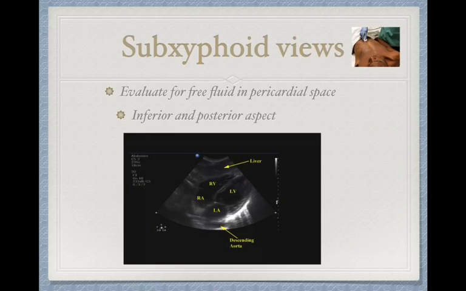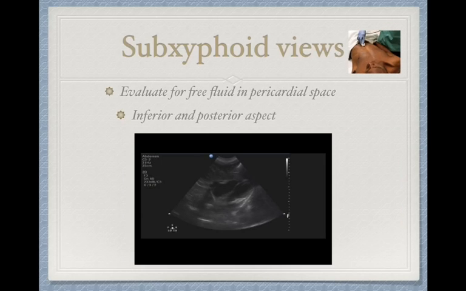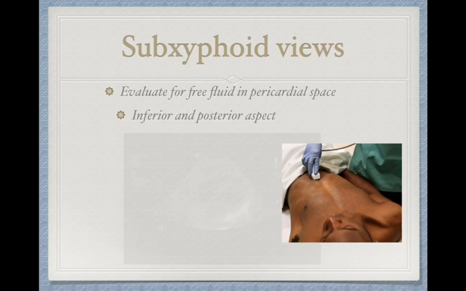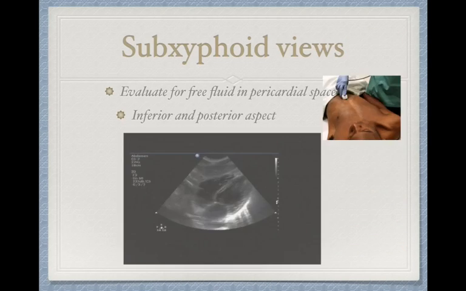Here is the subxiphoid picture. Here we have a video of a small pericardial effusion. Let me just go back to our image here so you can get an idea of the anatomy.